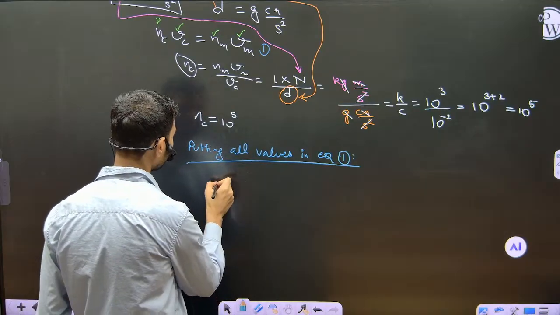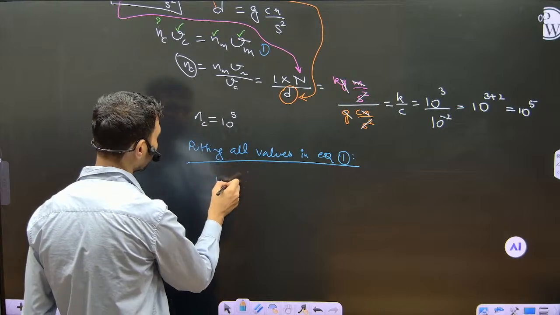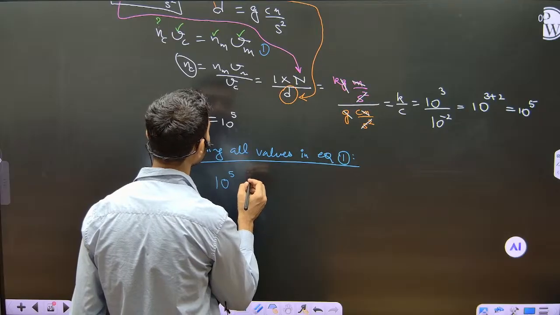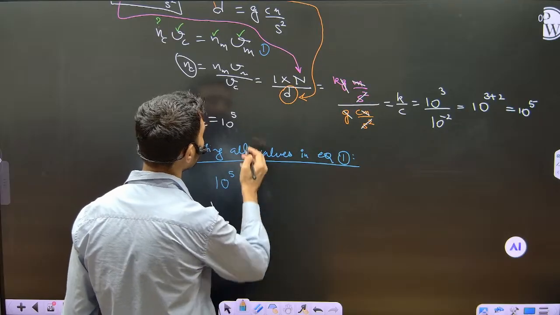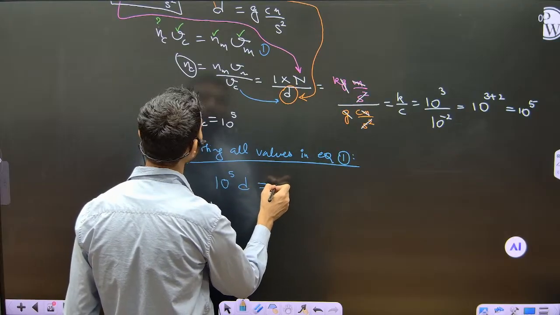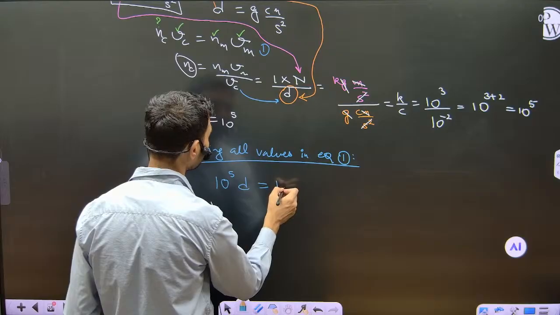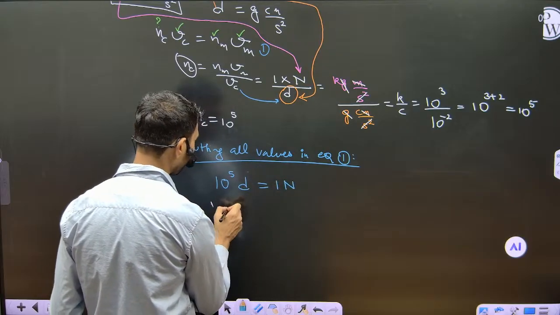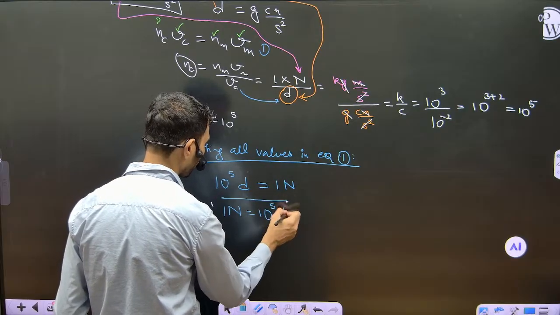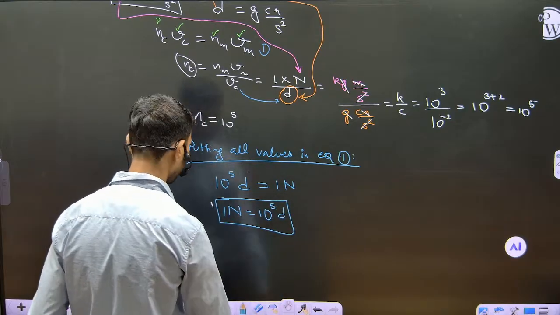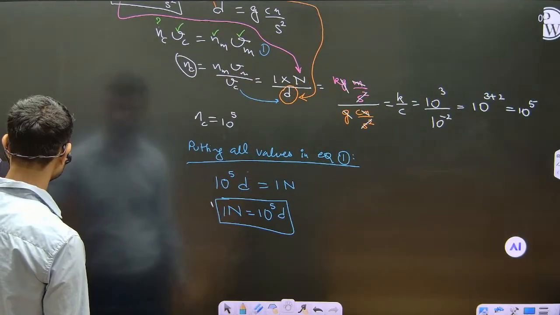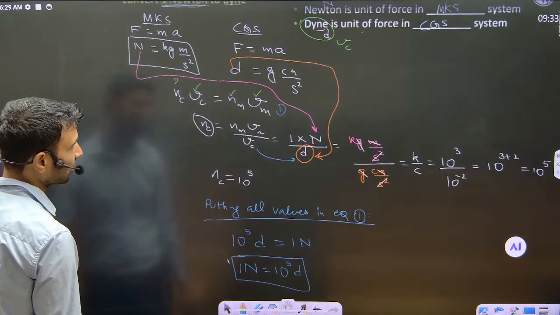We get NC value 10 to the power 5, UC is dyne, NM is 1 and UM is Newton. So what did we get? We get 1 Newton is equal to 10 to the power 5 dyne, and that's the formula we wanted to make in the first place, right? So we got the formula. Write it down.